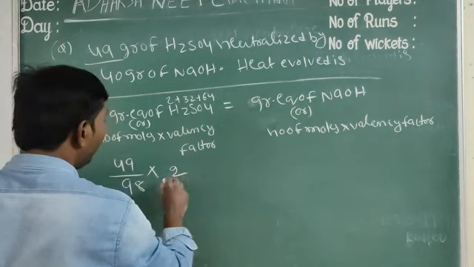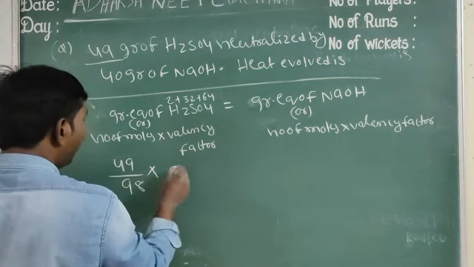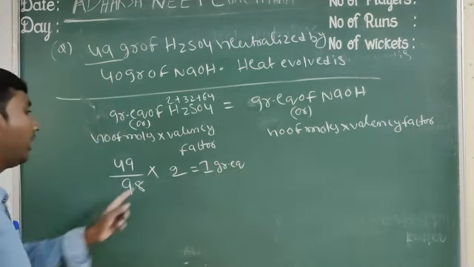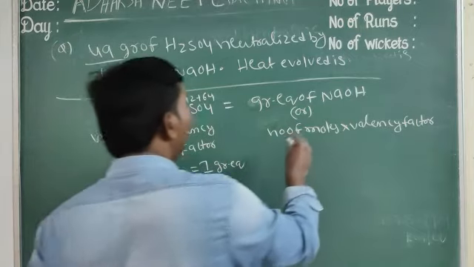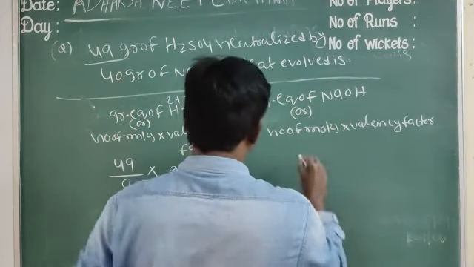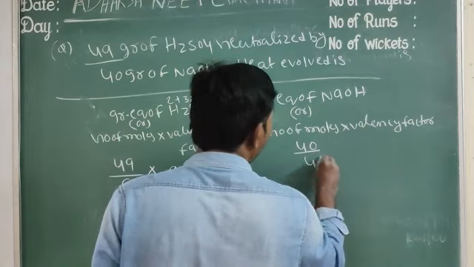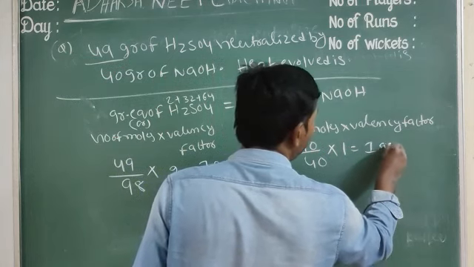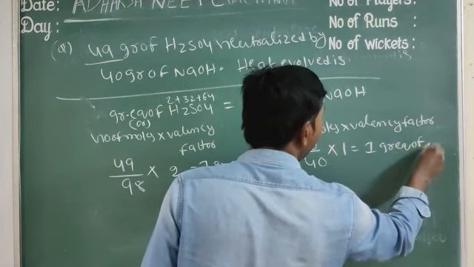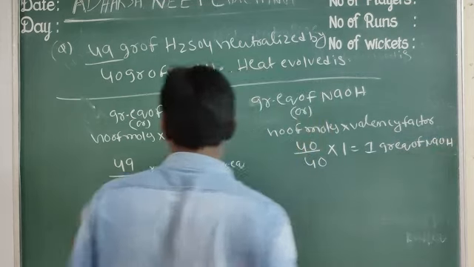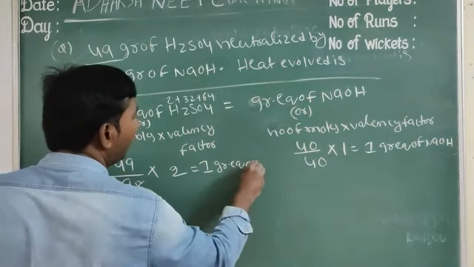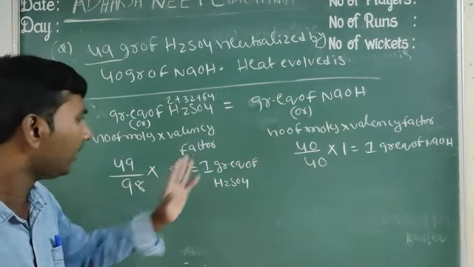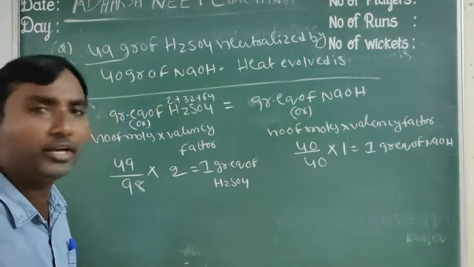Times 2 equals 1 gram equivalent of H2SO4. For NaOH, number of moles is 40 by 40, and NaOH is a monoacidic base, so that is 1 gram equivalent of NaOH. So both are 1 gram equivalent.